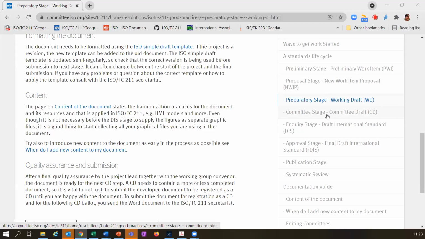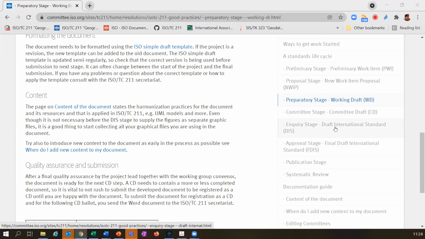And when it comes to the committee stage, when you are doing most of the work, you are mostly at 30.20. But when you are almost on the brink of going to the DIS, you come up to 30.99 and stuff like that.